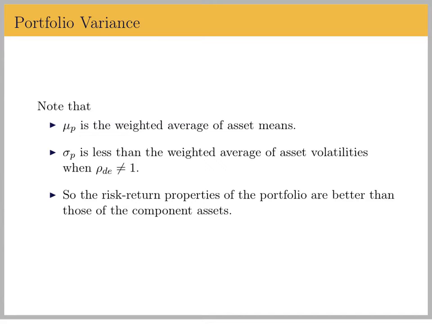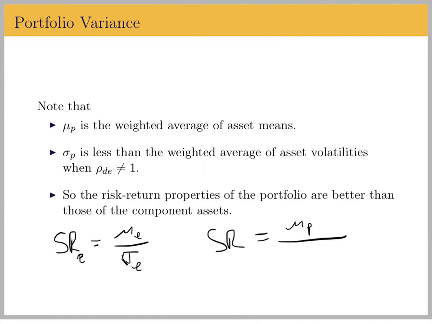Recall that one way to characterize the return to volatility characteristics is by the Sharpe ratio. So if we write the Sharpe ratio of an asset, the Sharpe ratio of the E asset might be mu E over sigma E. Well, what we're saying is the Sharpe ratio of the portfolio is equal to a weighted average of the individual assets' returns, but sigma p is less than a weighted average.